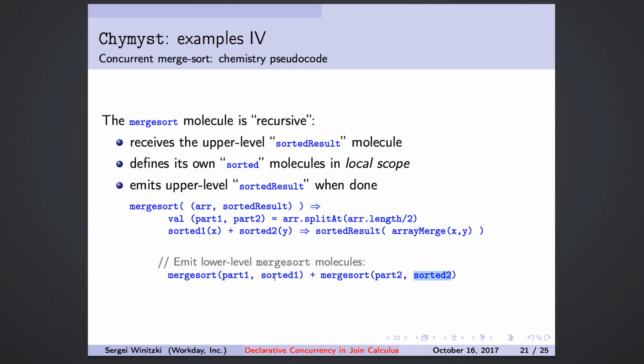So it will emit them when it's done. And then we have a reaction here that will gather the results. So that's the idea. We split, and then the split parts are on special molecules, sorted, which will be emitted when they are sorted. And then we declare two reactions, one inside another. The first reaction is this one, and the second one is declared inside.